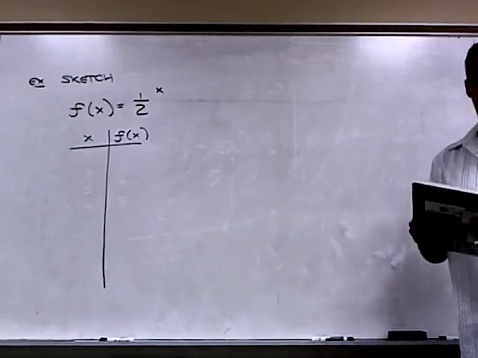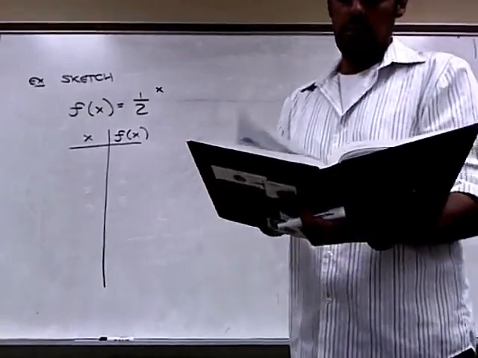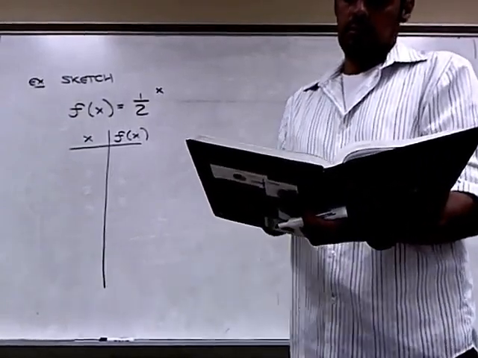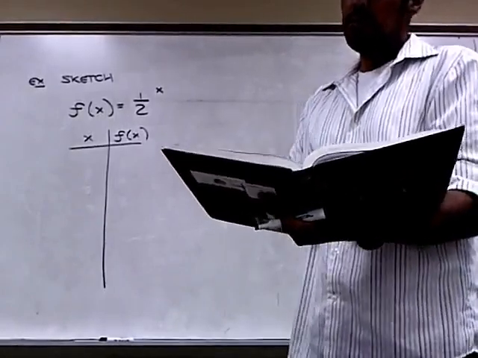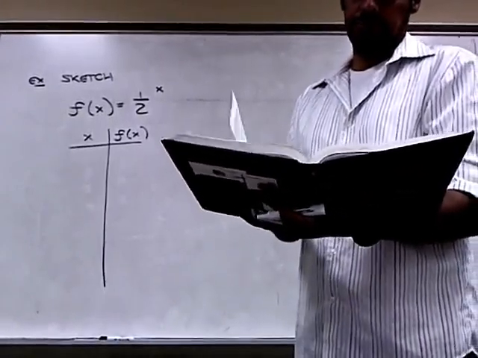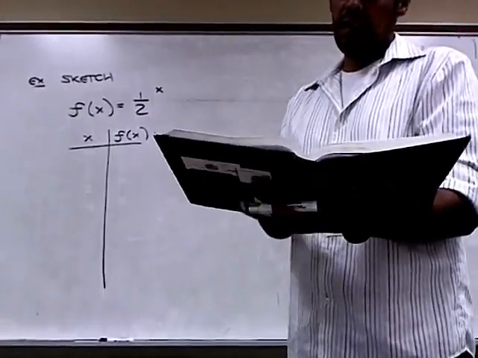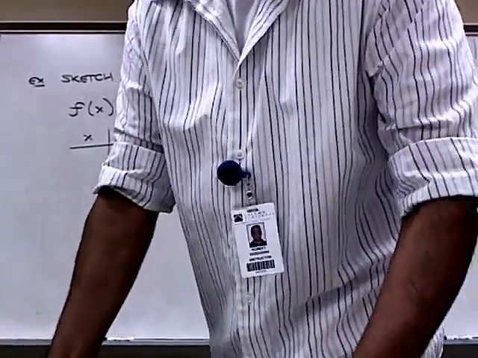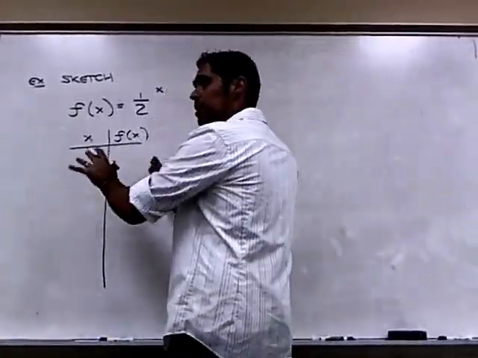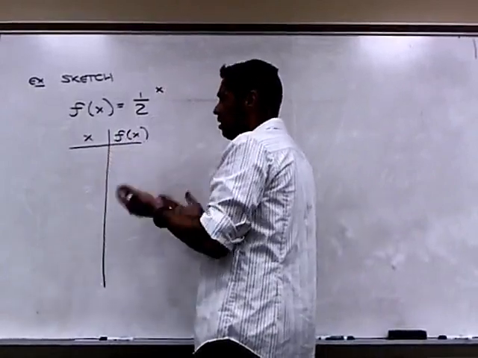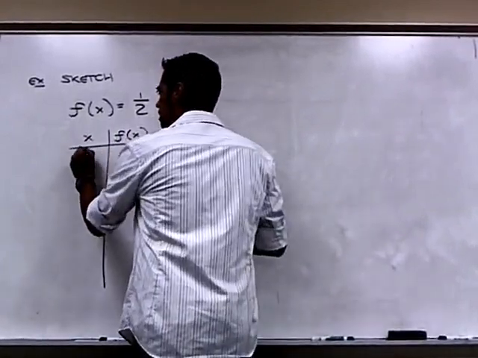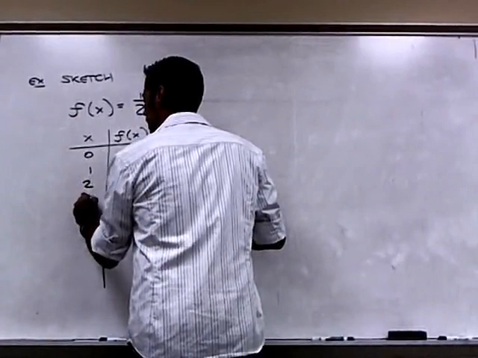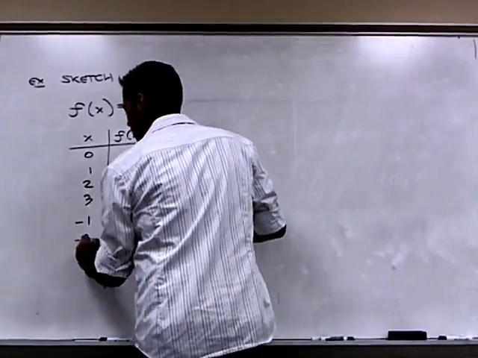Okay, so for this one, we need to plug in some points, don't we? When you're doing this on a test, let's all do the same points. We'll do 0, 1, 2, 3, and we'll do -1, -2, -3.